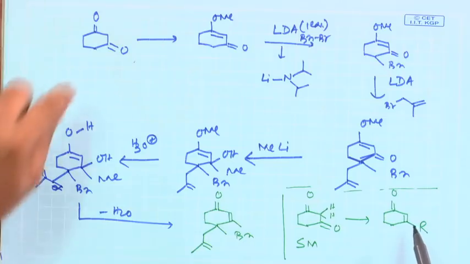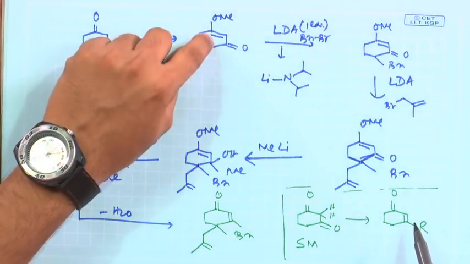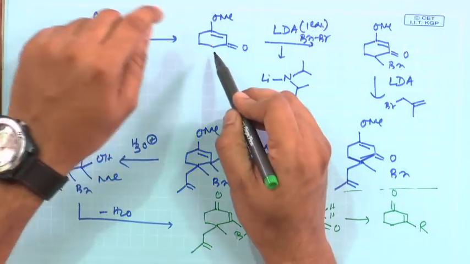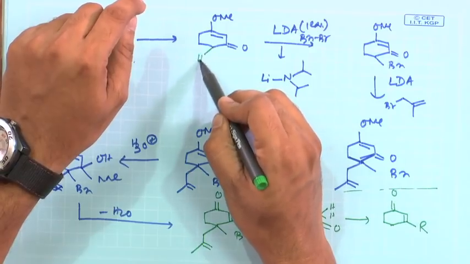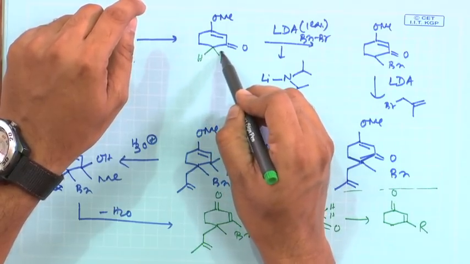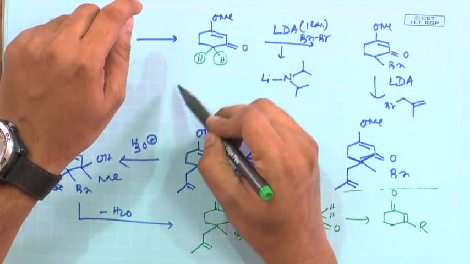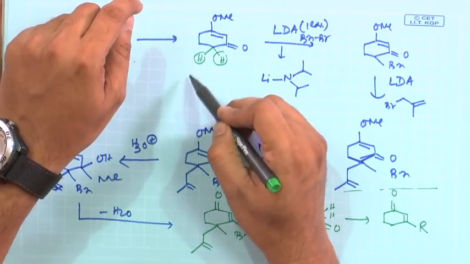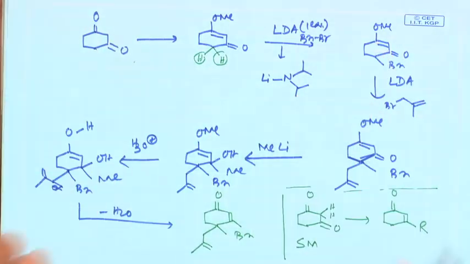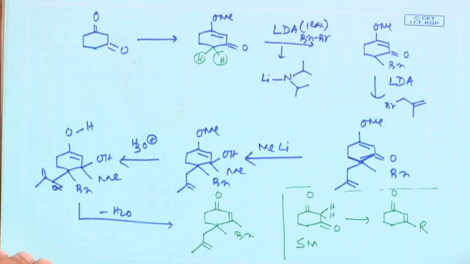Now, here the trick is, after this initial protection, you can use this methylene group for your alkylation part. So, the entire trick is that you have to fine tune the chemical reactivity of the starting material, and then you can do the mode of reaction which you want to carry out.